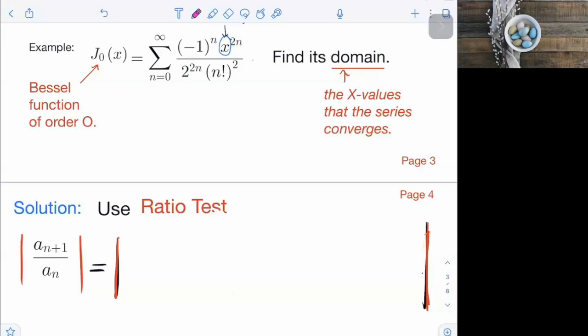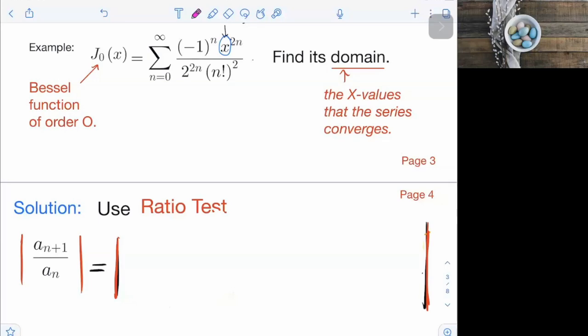So that's x to the 2 times (m+1), over 2 to the 2 times (m+1), and then the parenthesis of (m+1) factorial, and then we square that. So this is a_{m+1}.